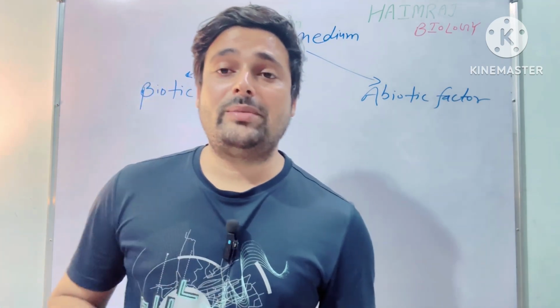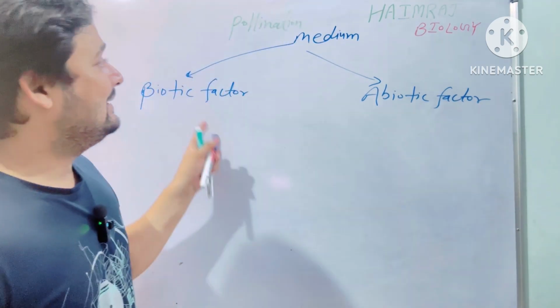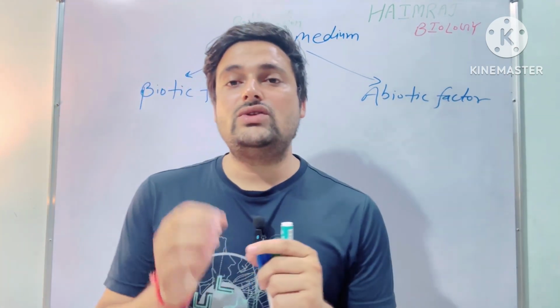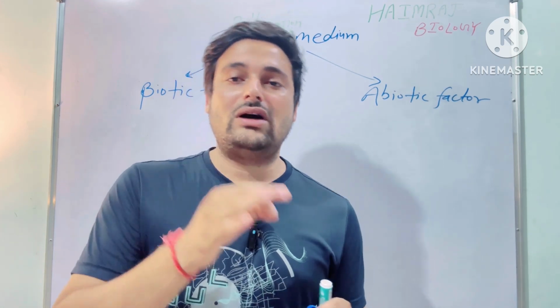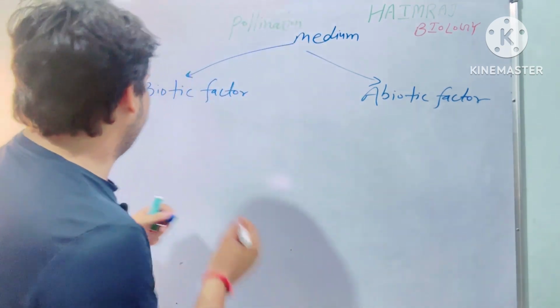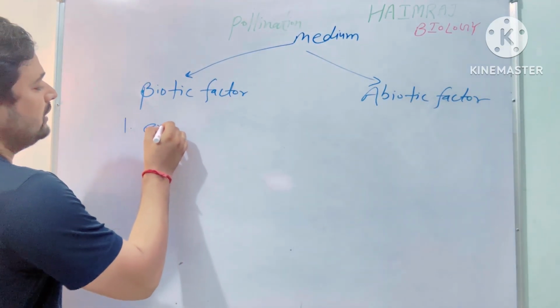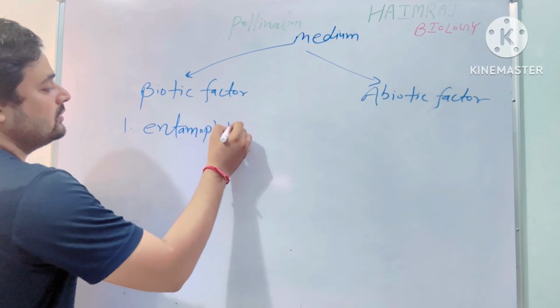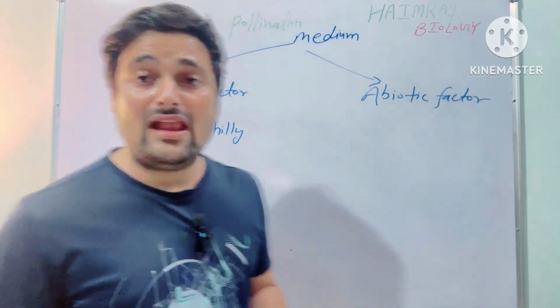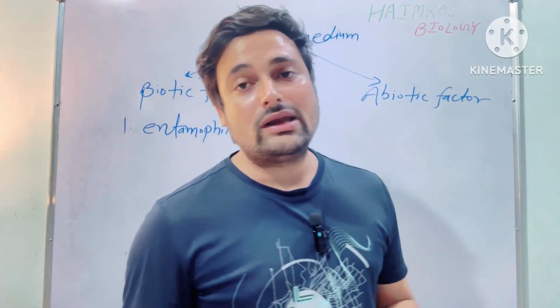Now let's talk about biotic factor. These factors can help pollen grain to transfer from one plant to another or one flower to another flower. Let's say entomophily. In this portion, many kinds of insects help in the transferring of pollen grain.